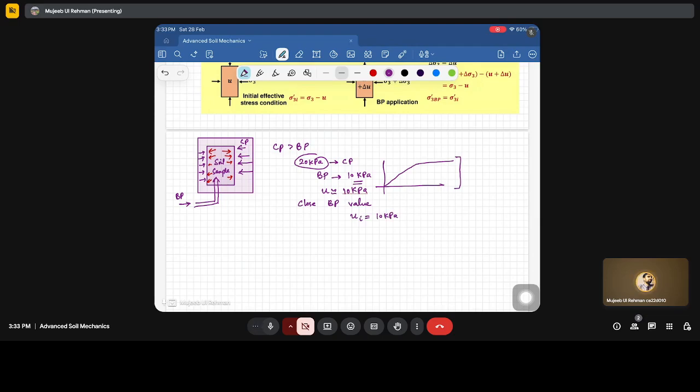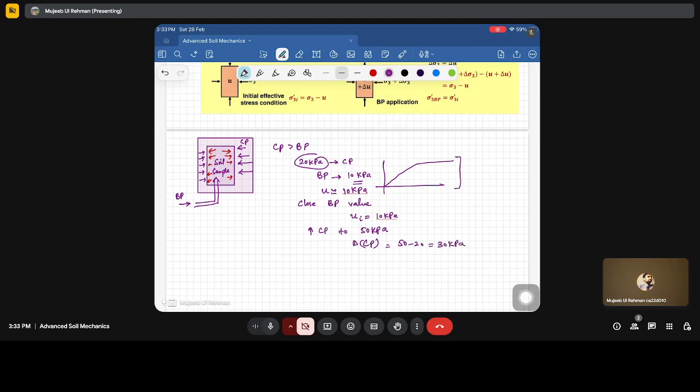Now I will increase the cell pressure to, let's assume, 50 kPa. So what is the change in this sigma cell pressure? The cell pressure changes by 50 minus 20, which is 30 kPa.